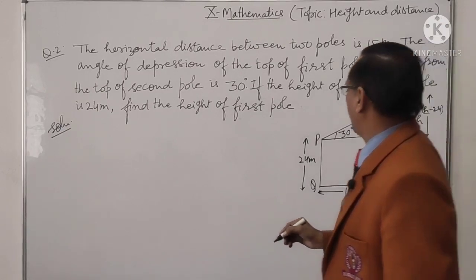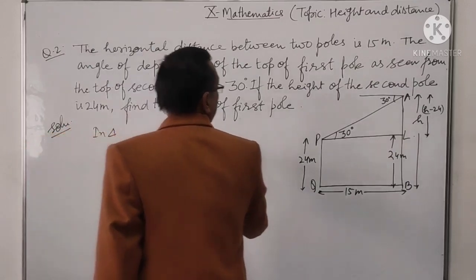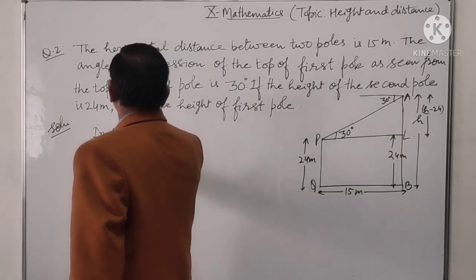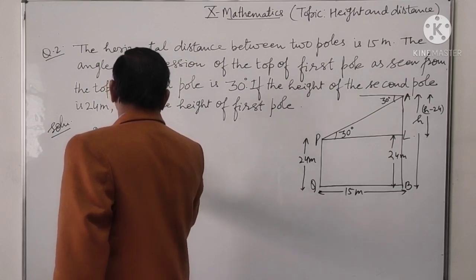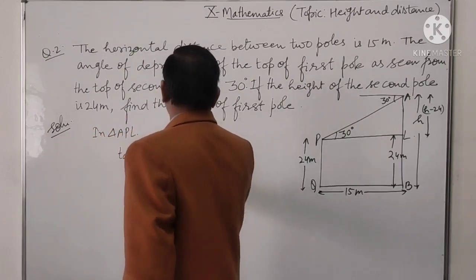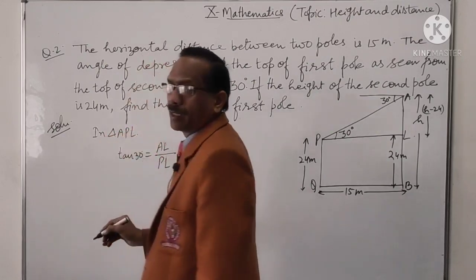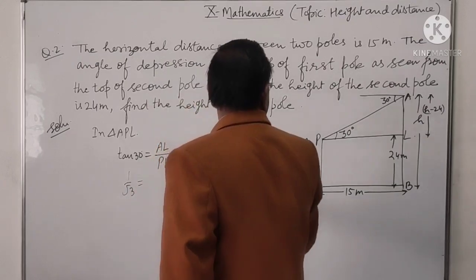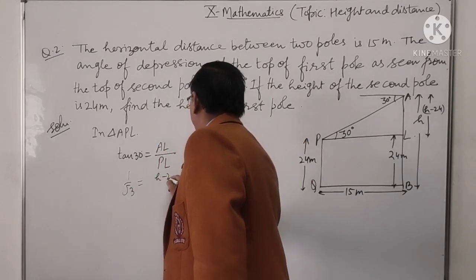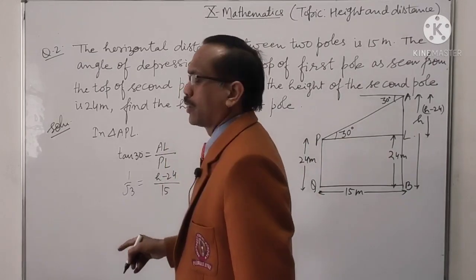So in triangle APL, tan 30 degrees equals AL upon PL. Tan 30 is 1 upon root 3. AL is h minus 24 upon PL is 15. Now cross multiply.